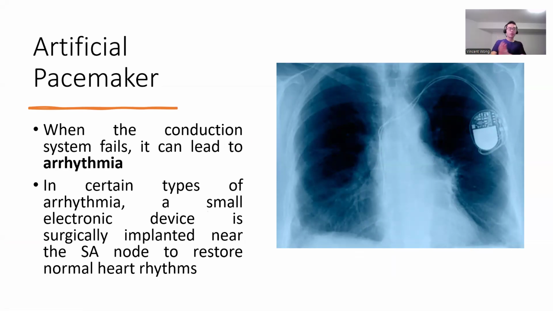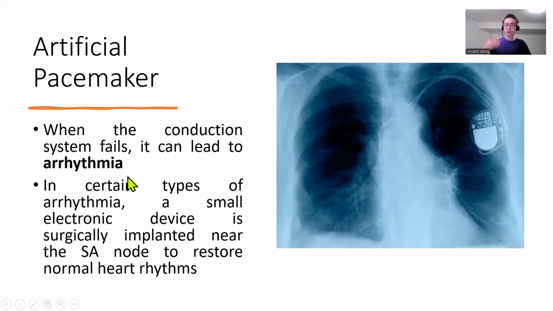When the natural pacemaker, when the SA node is not able to create signal in a normal way, and there are various reasons for that, which we're not going to go into. But if it fails to create regular heart rates, then the person has what's called arrhythmia.